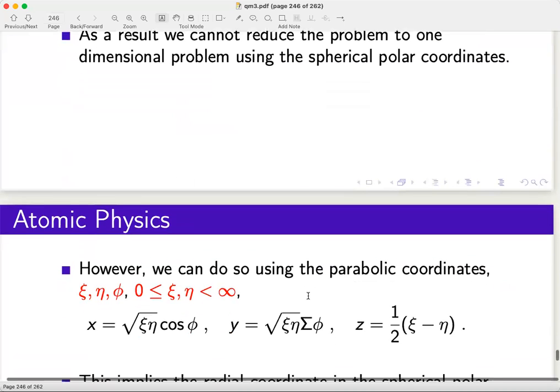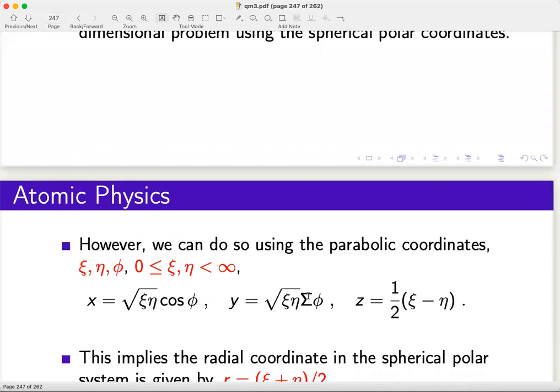So what we will do is use what is called the parabolic cylinder coordinate system. Here are the parabolic coordinates. You consider xi, eta, and phi as the parabolic coordinates. Phi is the coordinate along the cylindrical direction, and xi and eta are semi-infinite coordinates; they will take values from 0 to infinity.